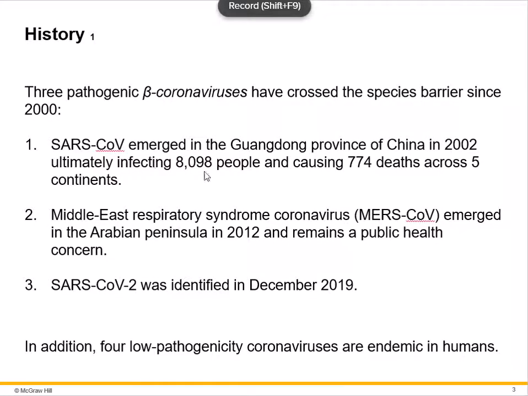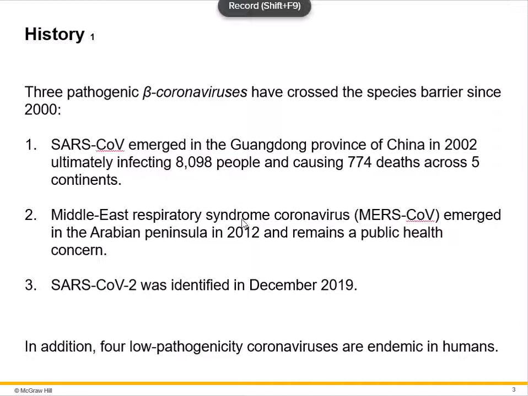SARS infected about 8,000 people with almost 800 deaths across 5 continents. And this epidemic of SARS died off a few months after it had started.